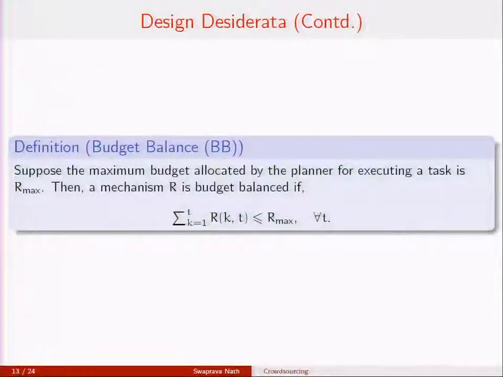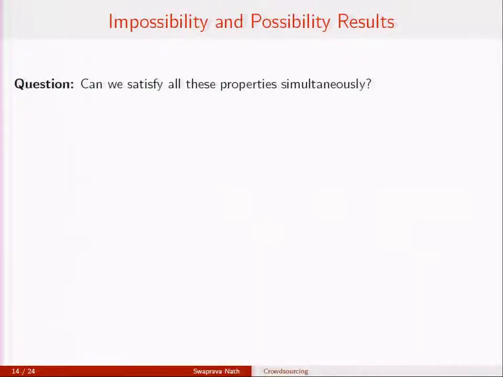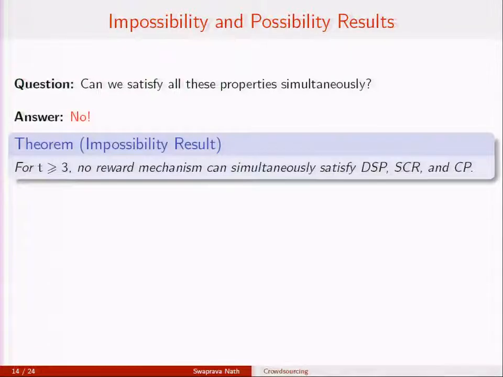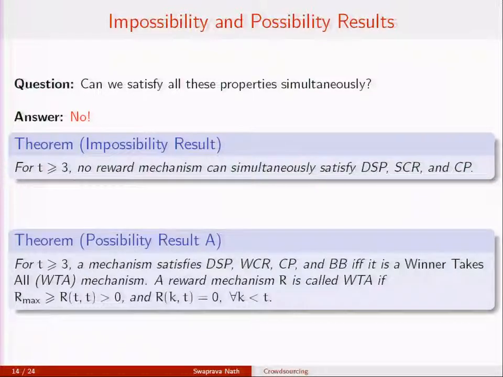So now the question is, can we satisfy all these properties simultaneously? And the first result that we have shown is no. There is an impossibility result. You can't satisfy downstream Sybil proofness, that is fake node attacks, collapse attacks, and SCR simultaneously. You can weaken SCR to WCR, which is weak contribution rationality, but then this property is satisfied only by a very restrictive class of mechanisms, which is winner takes all.